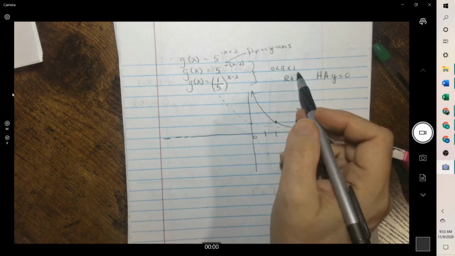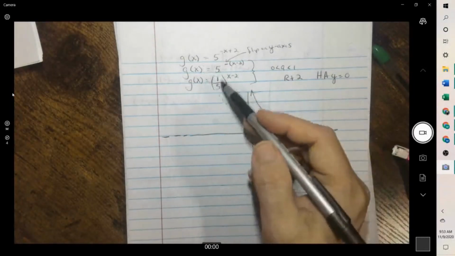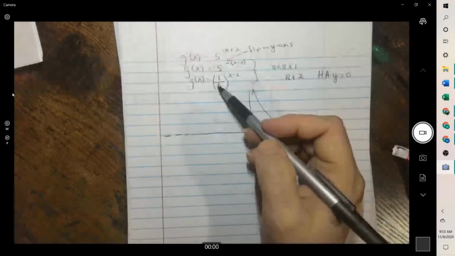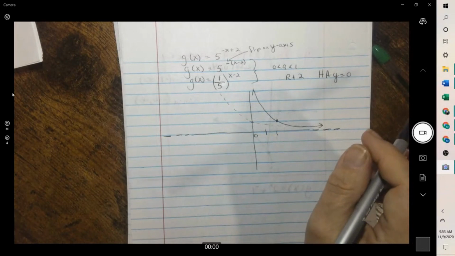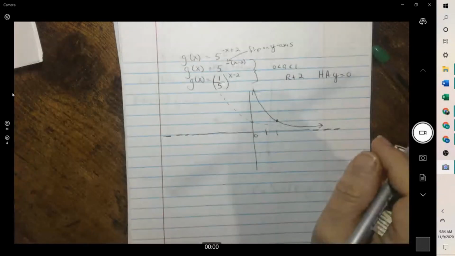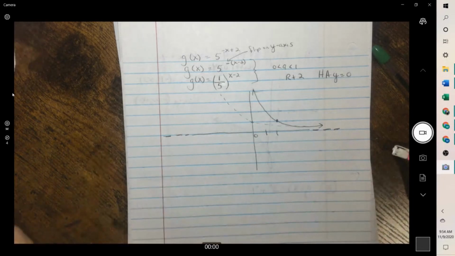When it's between 0 and 1, it's decreasing. Either way, I think it's easier to get rid of the negative, but that's up to you. Any questions on that?